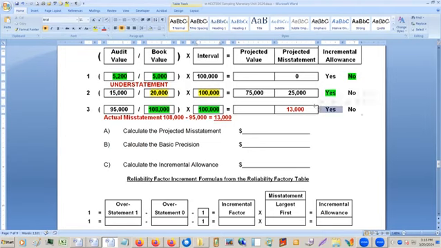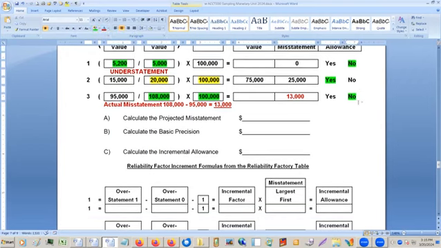There's another 80,000 that could be misstated as far as the book value is concerned. So incremental allowance, yes. And this one, even though there is a misstatement, it cannot be in the incremental because there's nothing else available in that interval. The entire interval is covered.